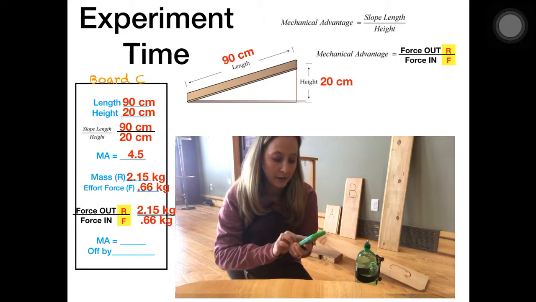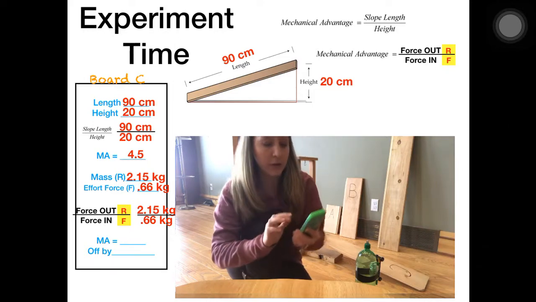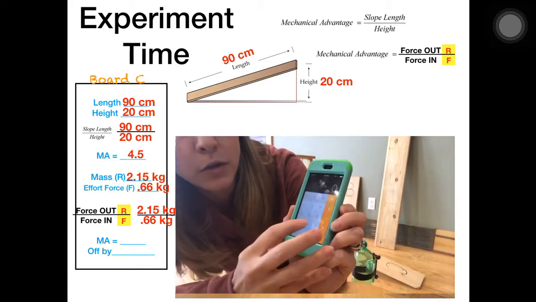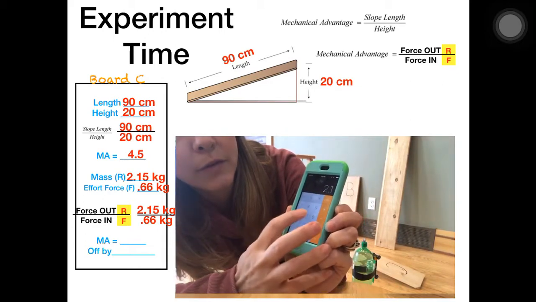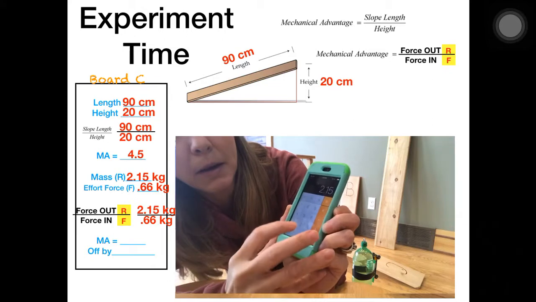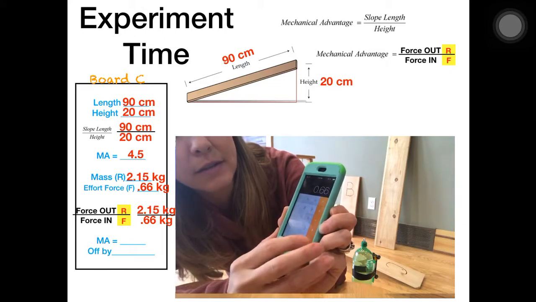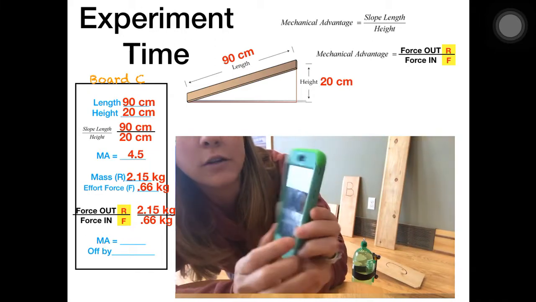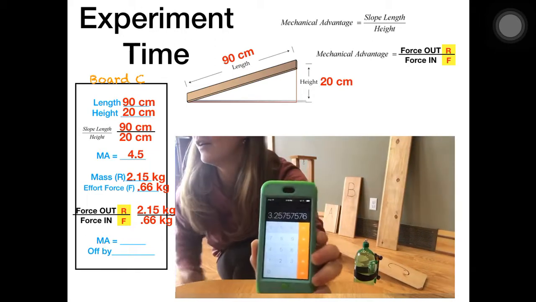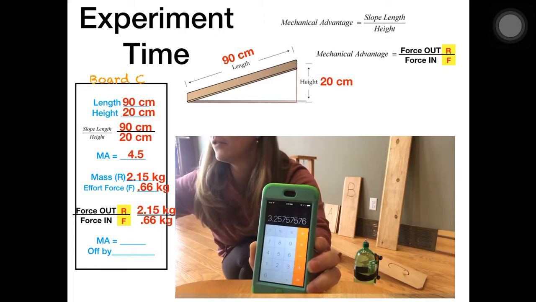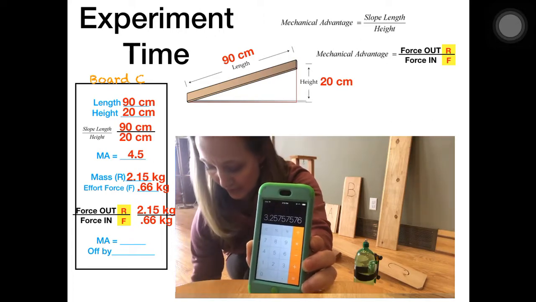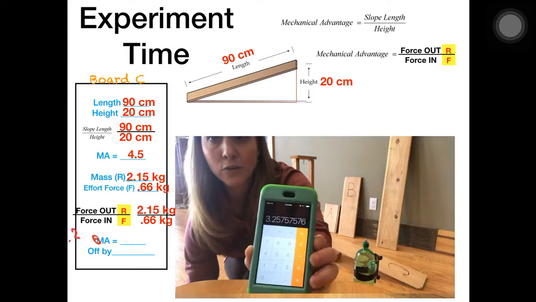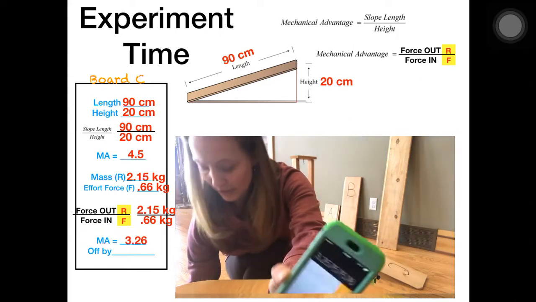Okay, and we'll do that on our calculator here. 2.15 divided by 0.66 equals 3.257. Okay, so our mechanical advantage is 3.2, and we'll round that 257 up to 26.